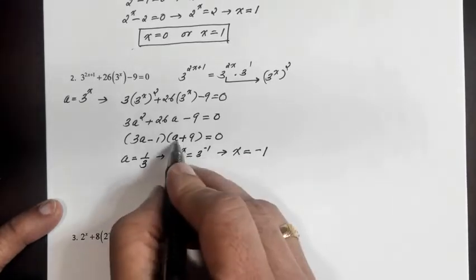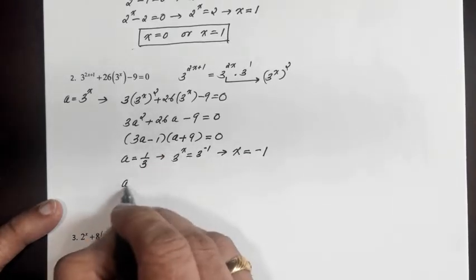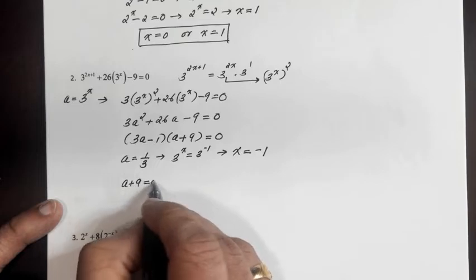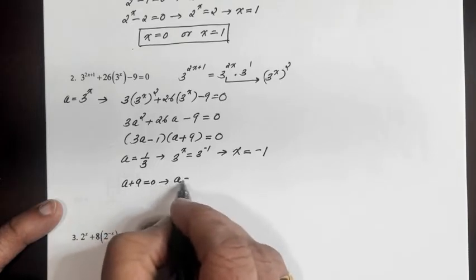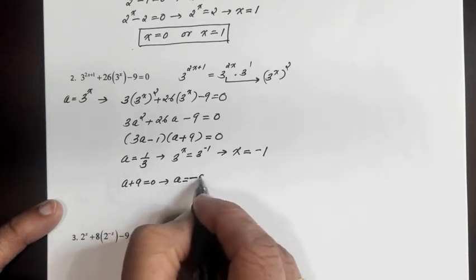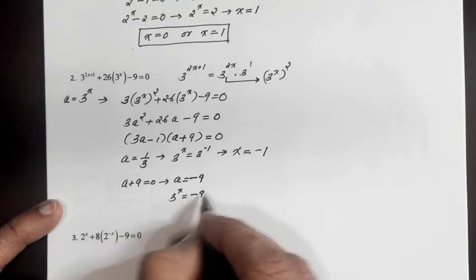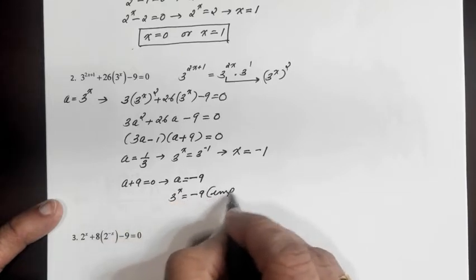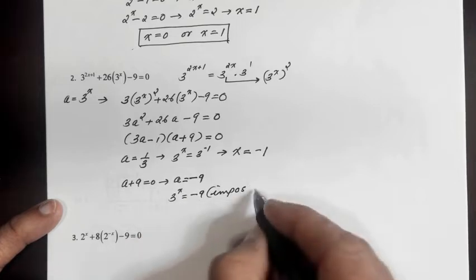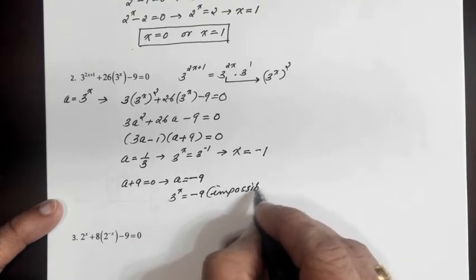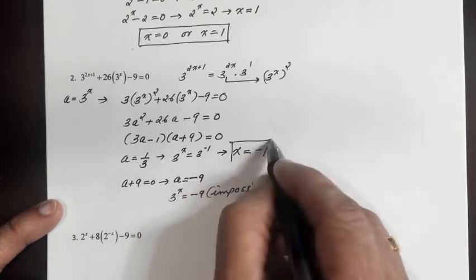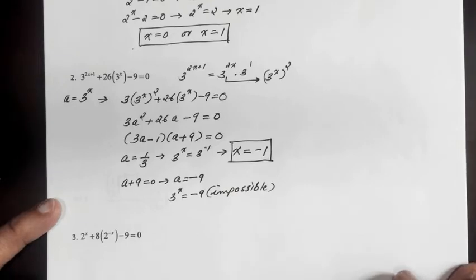And second option, a plus 9 equal to 0 gives you a is equal to negative 9, or 3 to the power of x is equal to negative 9. So this is not possible because that's a negative number. Okay, so the only solution is going to be x is equal to negative 1.